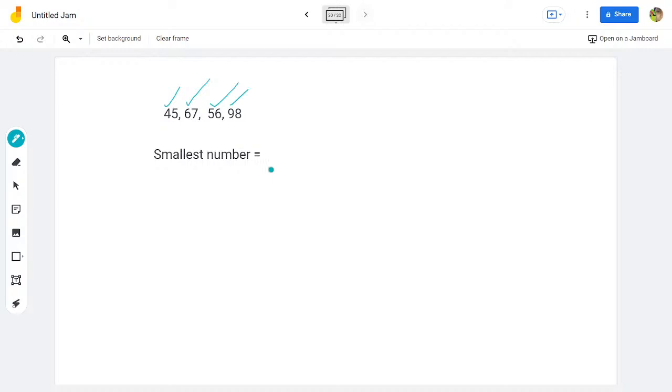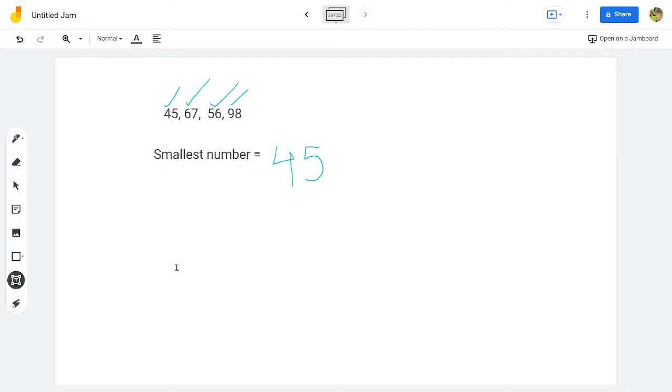So as we compare all the 4 numbers, we find out that 4, that is 45, is the smallest. 4 is smaller than 5, 9 and 6. So 4 is the smallest.